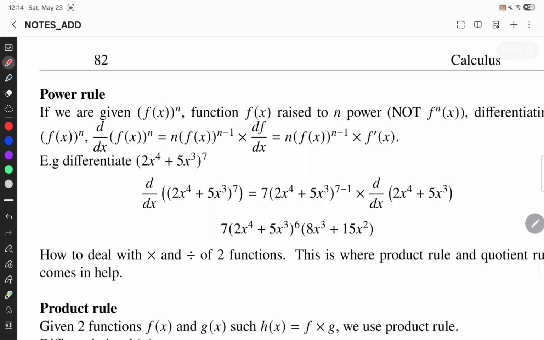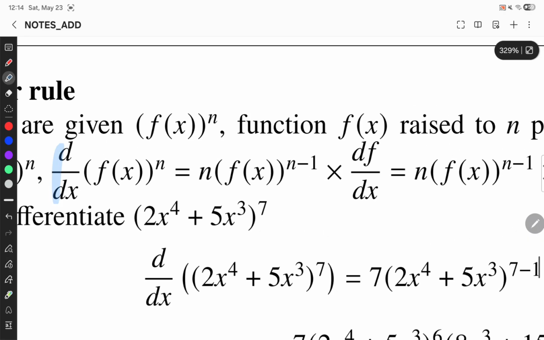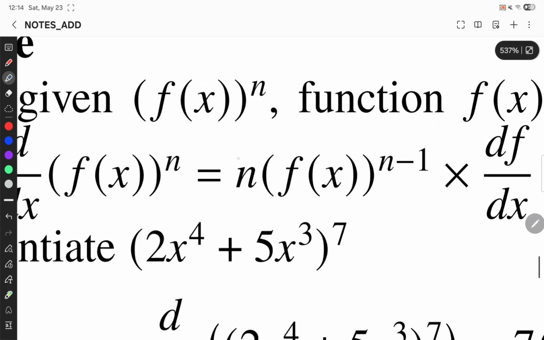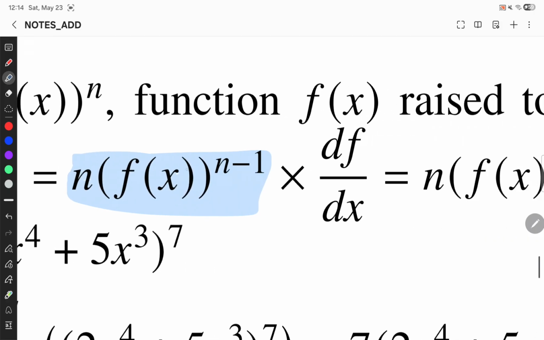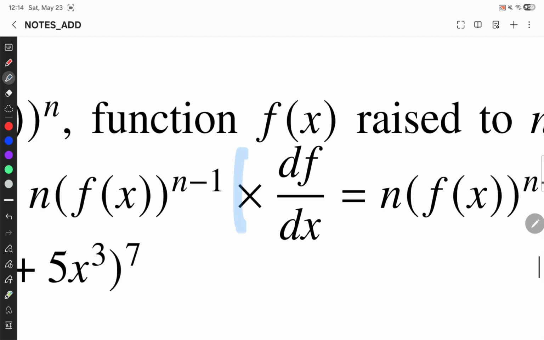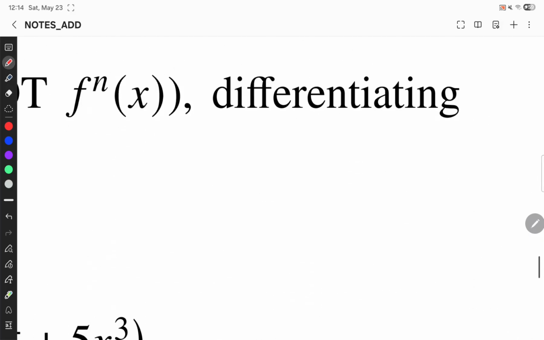So differentiating this, what do we get? We get the power rule, with f of x instead of x, and we need to multiply by the derivative of f. This is what the chain rule states. What does the chain rule say?